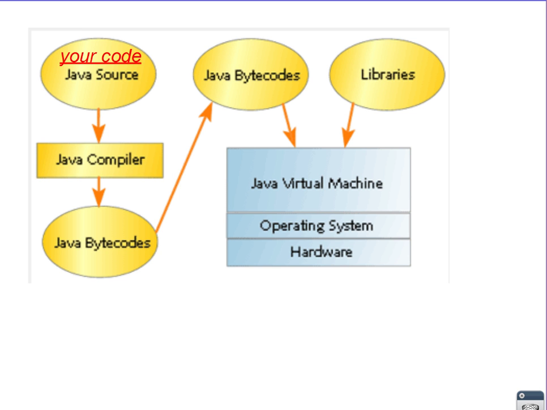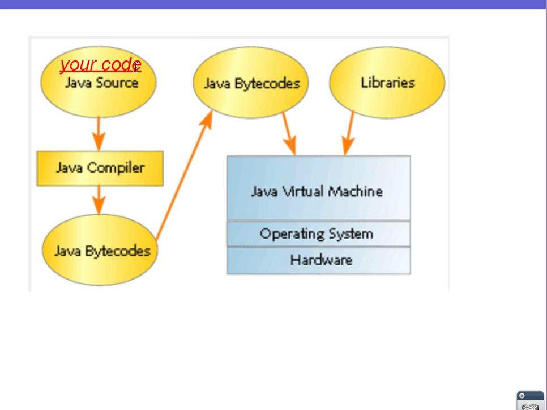Once you've written your code and your file has been created, so your file .java, that's what's actually created and how you would save your file. You compile it, and then something called your code.class is created. And that's actually the code that's going to be run on the computer.